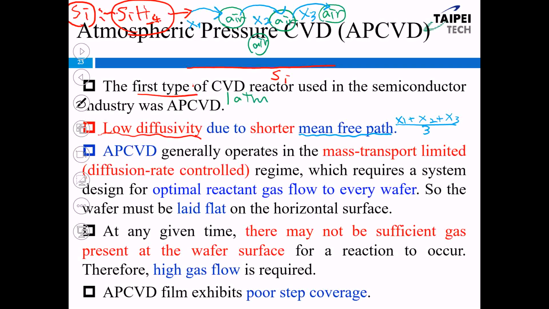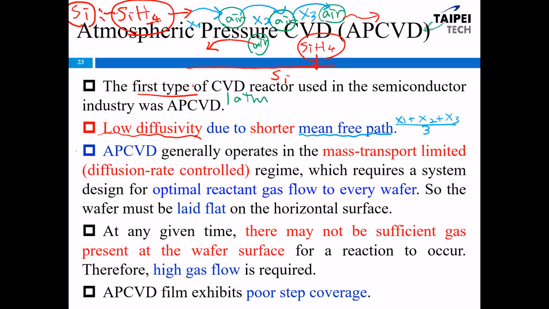We don't have enough silane, because the silane will collide with the air, so the silane will not easily go down to the silicon surface. We don't have enough silane on the silicon wafer surface, because the silane is not easy to fall down on the silicon wafer, because we have so many air between the silane and the silicon wafer.